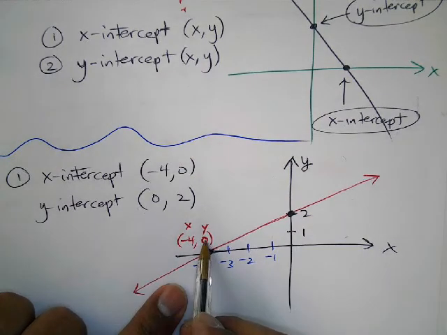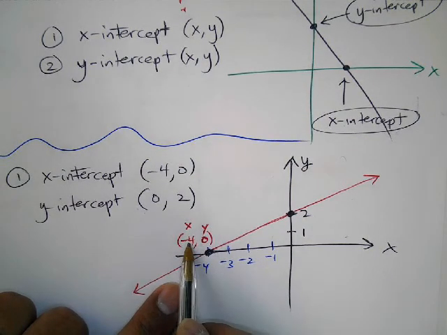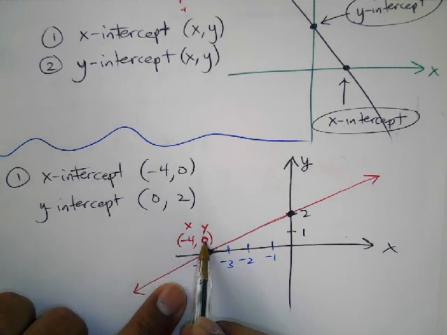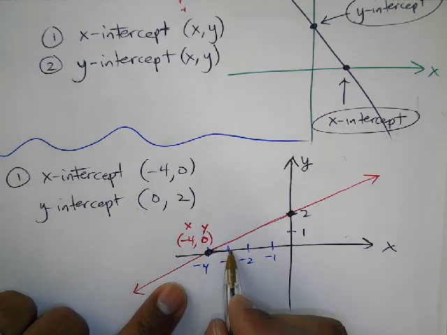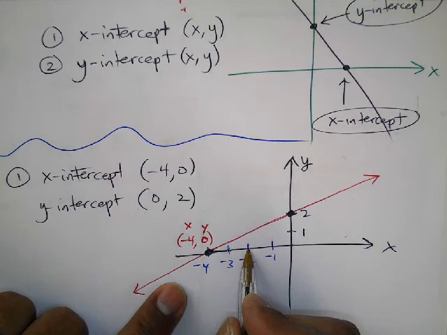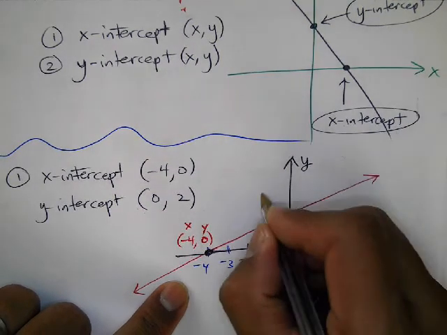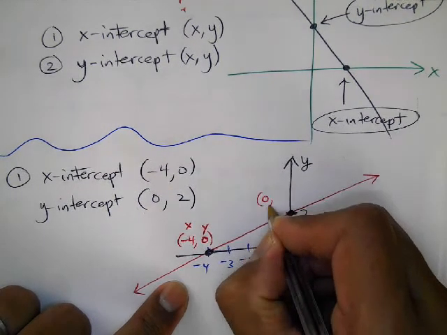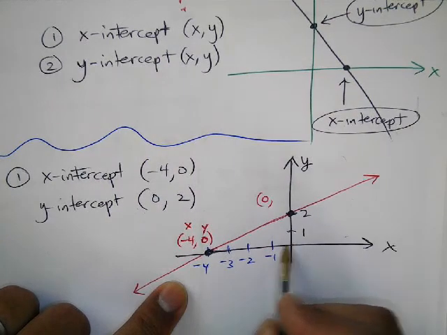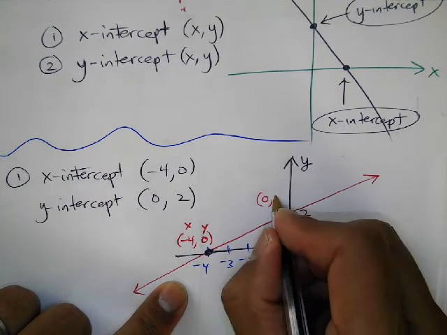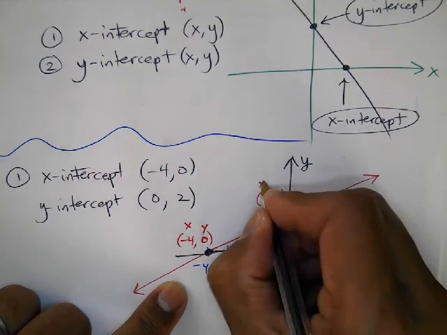See, your y is 0. Any point here on the x-axis, the value of y is 0. So to find your x-intercept, you let y equal 0. All these points, see, this is -3 for x and y is 0. This is -2 for x and y is 0. And the same story is going to be true for this one. What is this point? This point is 0 on the x. See, there's 0 on the x.